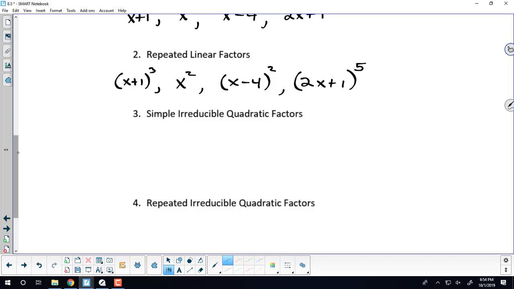Okay, let me write down a couple. x squared plus x plus 1 is an irreducible quadratic. Other ones would be like x squared plus 1, x squared plus 4, and so forth.